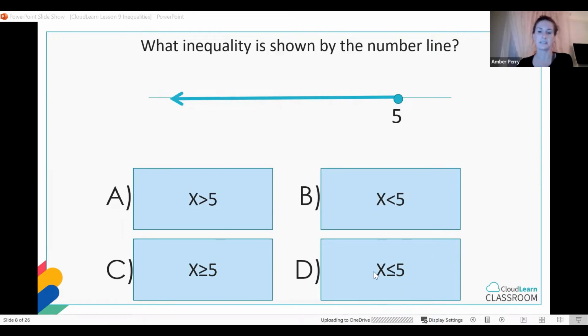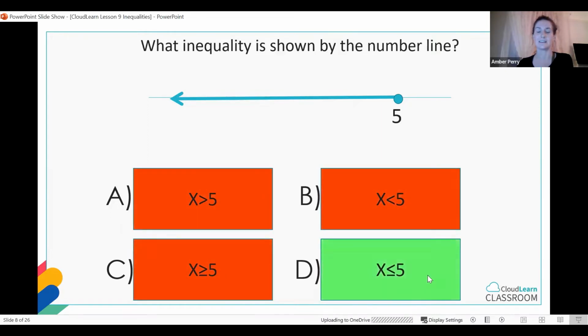So this D is giving us the answer less than or equal to 5. Okay. Just be careful with your inequality sign. Make sure you know that the open side should be pointing at the bigger thing. So the less than or equal to is on the D there, okay?